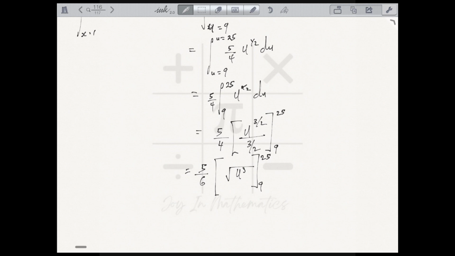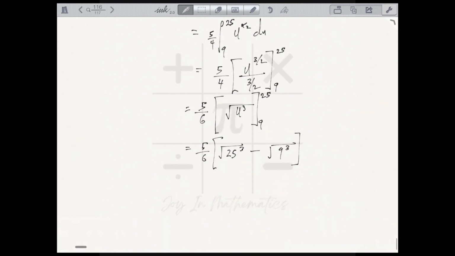So we have 5 over 6, let's substitute our upper limit, 25 raised to power 3 over 2, minus lower limit, 9 raised to power 3 over 2. And now this will go 5 over 6 into 125 minus 27. And simplifying this, we will have 81 2 over 3.